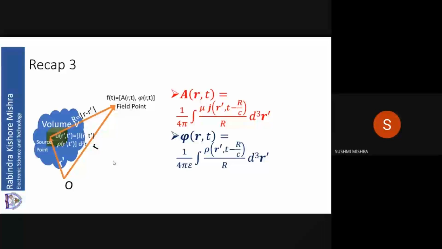Retarded means retarded in time, which means it has occurred at a point of time much earlier than the time at which we are observing it. So this is what we discussed in the last class. Now let us take forward from this point onwards.